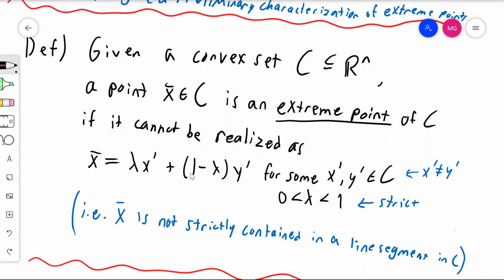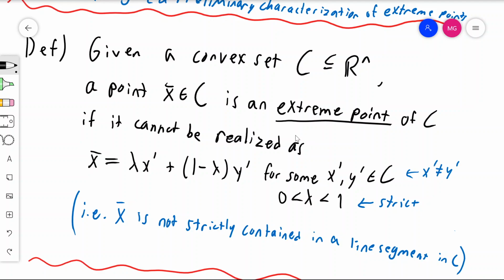And so when we're here restricting lambda to be strictly between 0 and 1, the point on the right-hand side accounts for points that are strictly contained inside the line segment from x prime to y prime. So x prime and y prime are the endpoints, so it's all the other points inside that line segment. And so if x bar can be realized in that way, then it is not extreme.